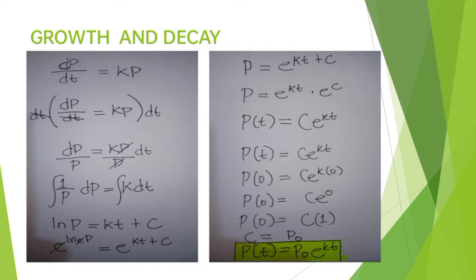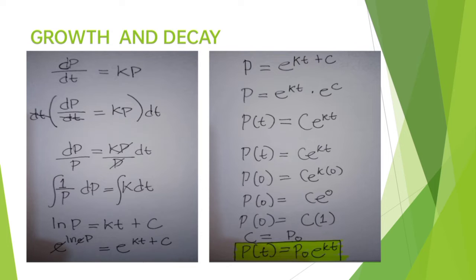So we know that P equals e raised to the natural log of P, which equals e raised to k times t plus C. So, we cancel the e and the natural log, so what is left is P. So, P equals e raised to k times t plus C, rather P equals e raised to k times time times e raised to C.